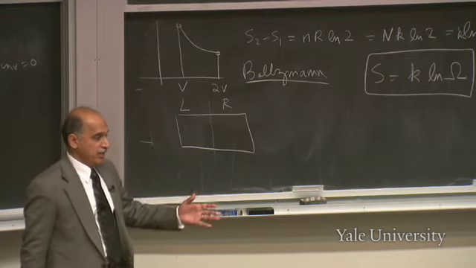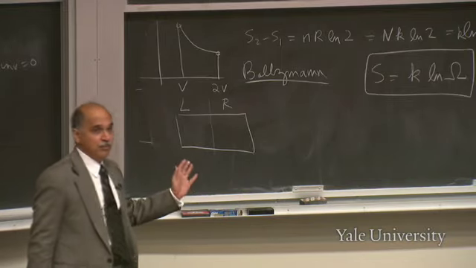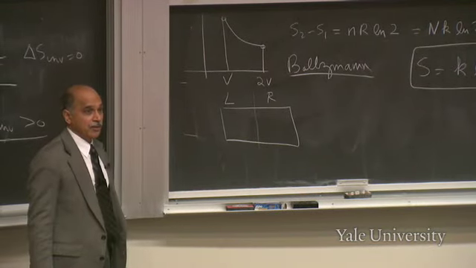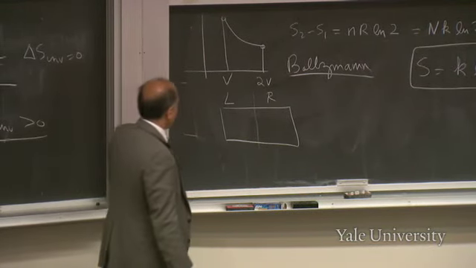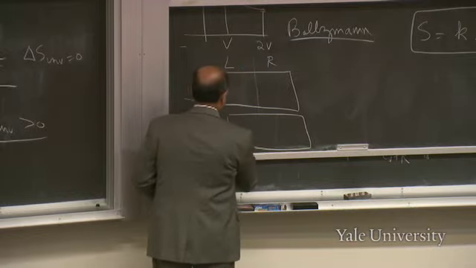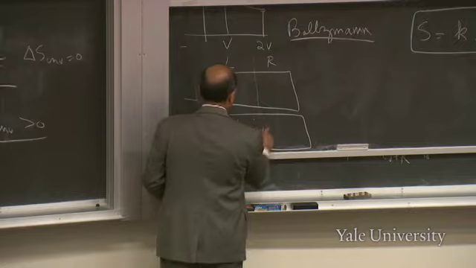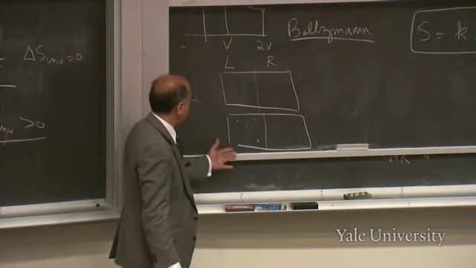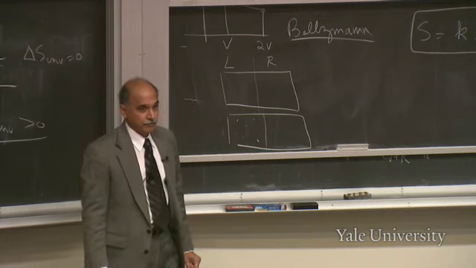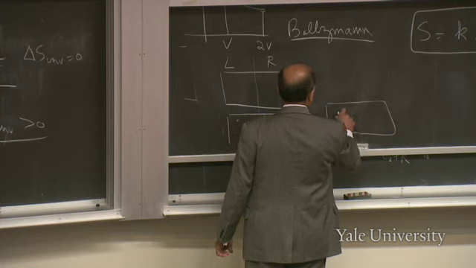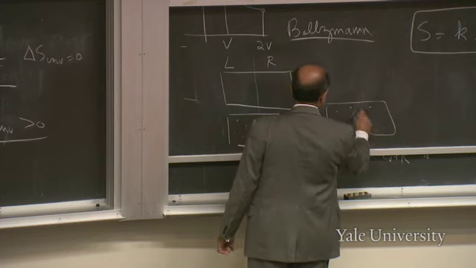Of course, in the left, there is a left corner top and left corner bottom, but don't worry about it. Just say there are only two things it can do. It can be on the left or it can be on the right. Now, let's ask ourselves, if the gas looks like this, how many ways can it be in this arrangement, as compared to how many ways can it be in this arrangement?